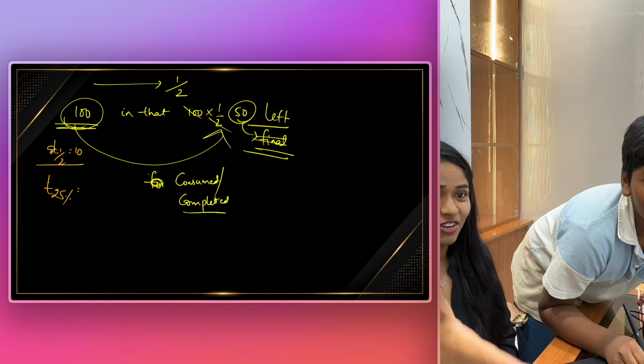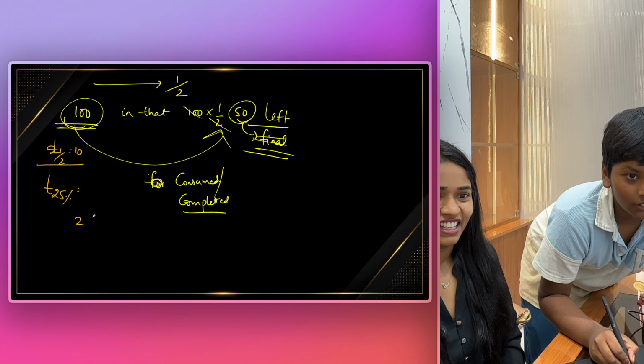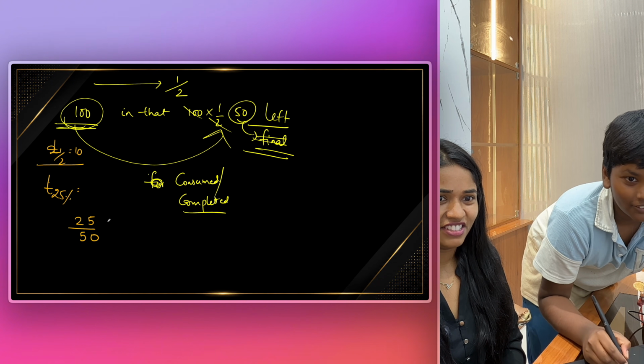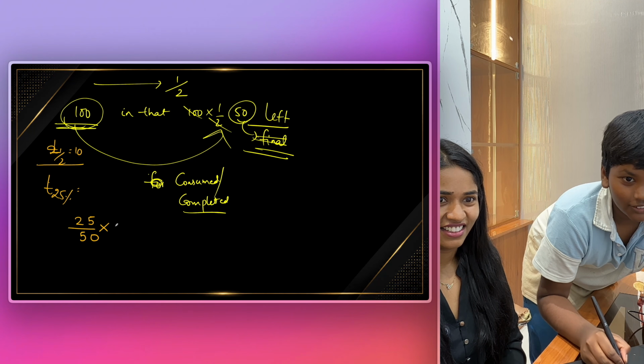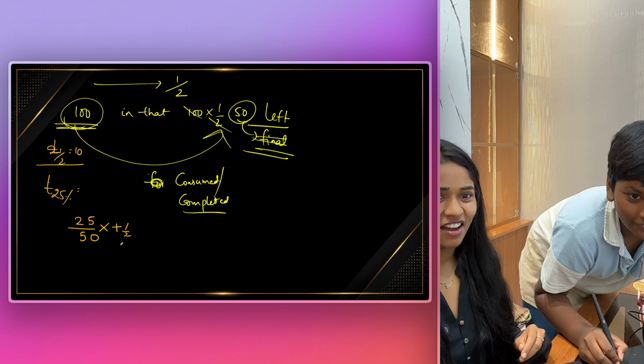See there, where you are writing. Here you should write down. What is the formula? 25 by 50 into T half.